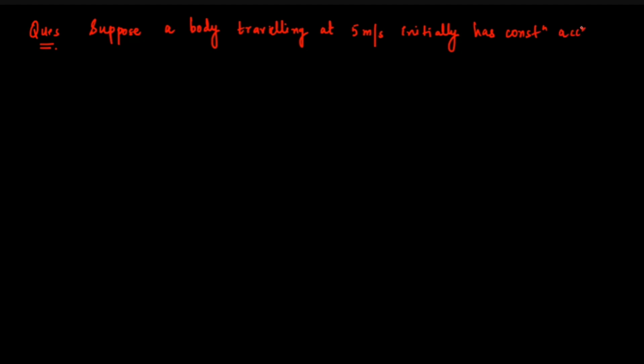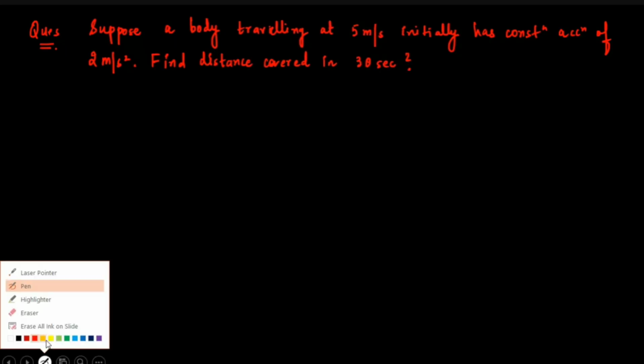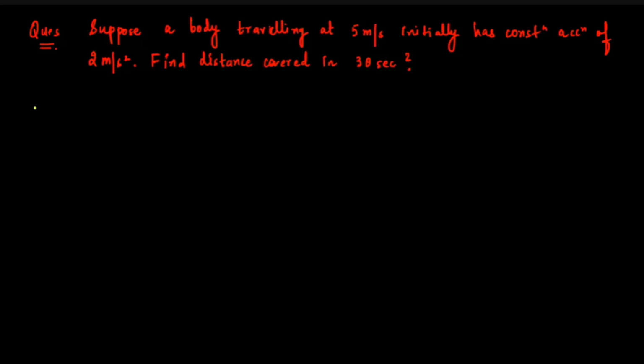The question says find the distance covered in 30 seconds. So a very basic question. Use one of the equations to find out what is the distance covered in 30 seconds.